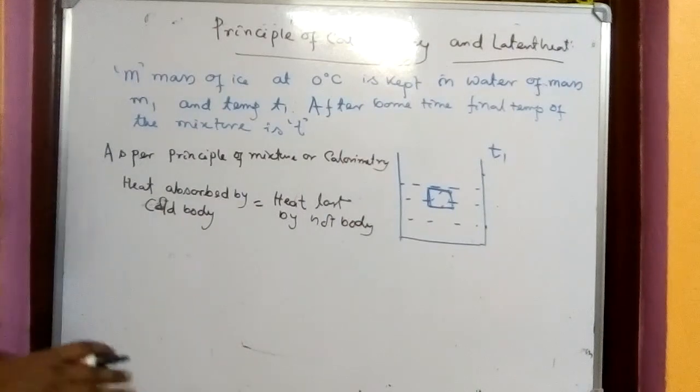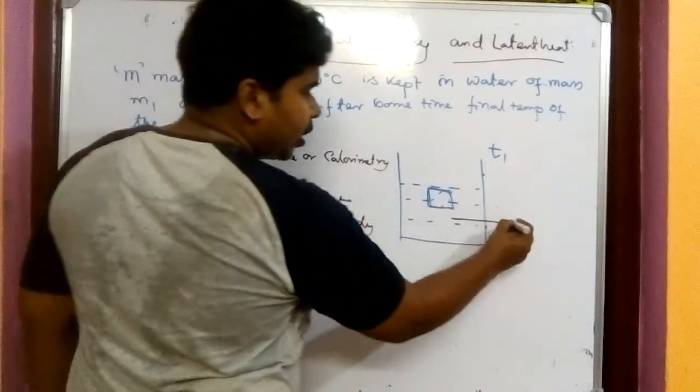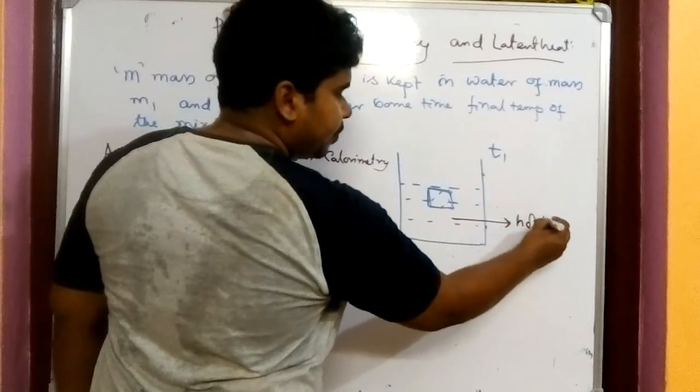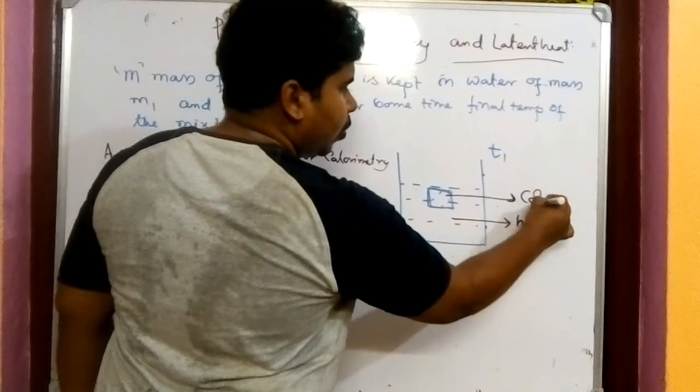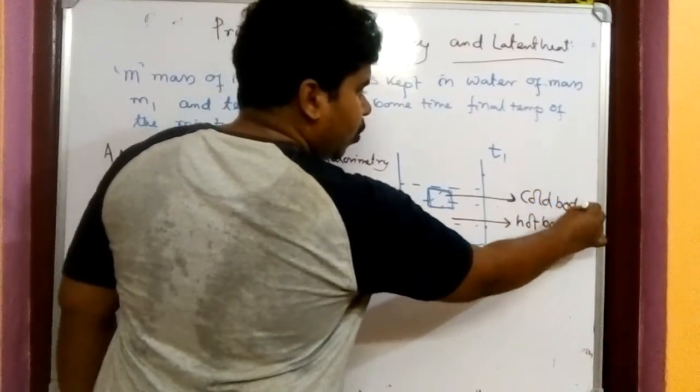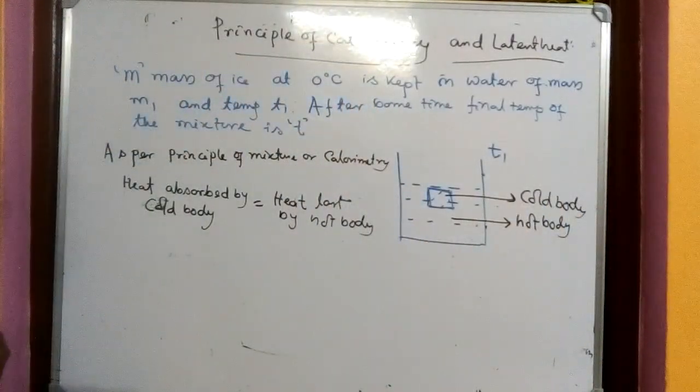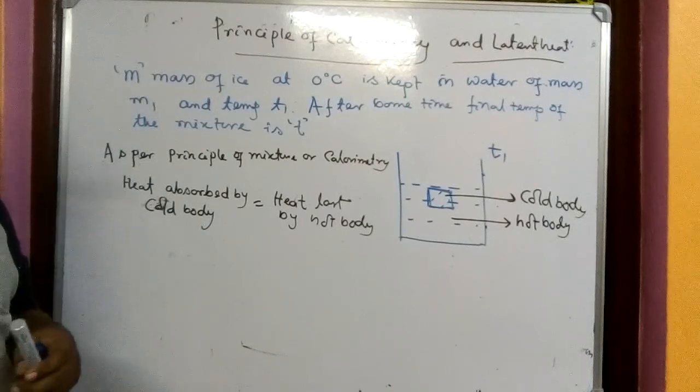Now what is the hot body and what is the cold body here? Simply, the water is the hot body, and the ice you have given is the cold body. And now one thing has happened here: the state of the cold body is changed.